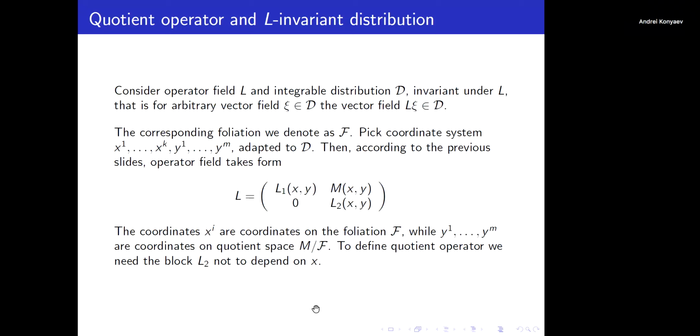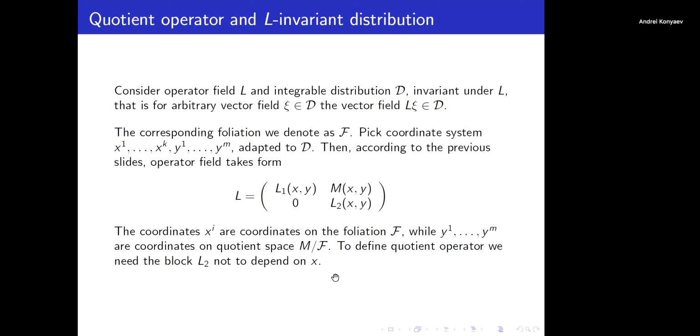This implies that the distribution is smooth. And the Frobenius theorem gives us the necessary and sufficient condition for this distribution to be integrable, that is, for the foliation to exist. Foliation consists of leaves which are tangent to these subspaces D.